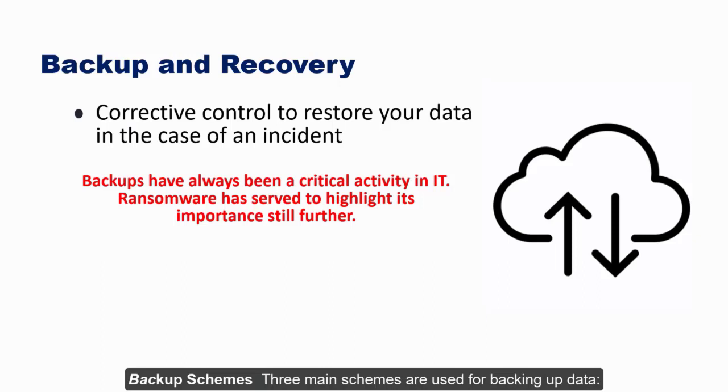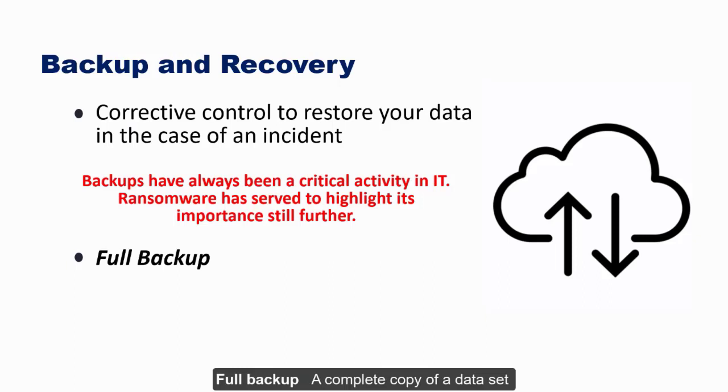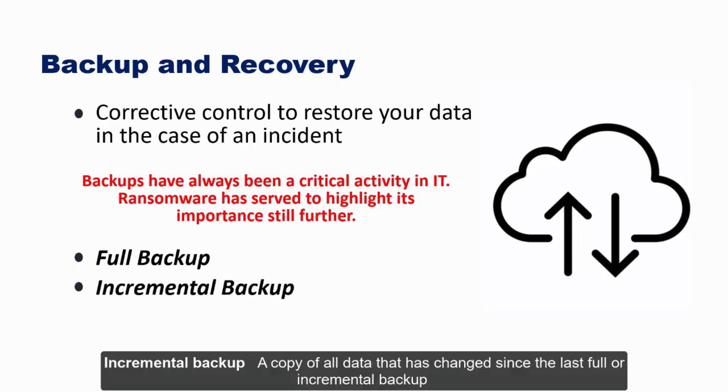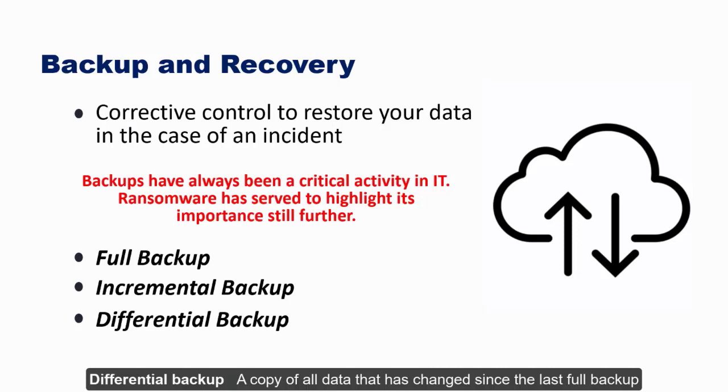Backup schemes. Three main schemes are used for backing up data. Full backup: a complete copy of a dataset. Incremental backup: a copy of all data that has changed since the last full or incremental backup. Differential backup: a copy of all data that has changed since the last full backup.